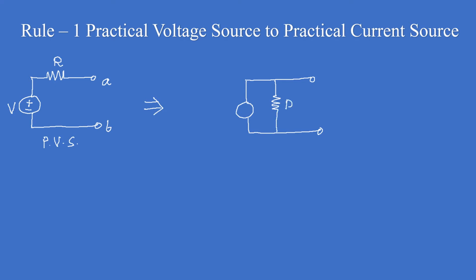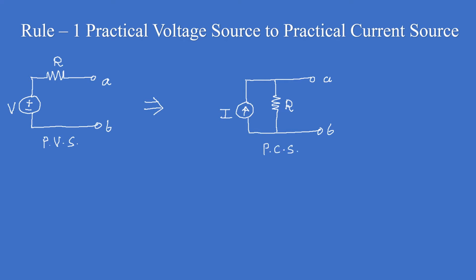In a voltage source it is connected in series, and in a current source it is connected in parallel. I represents the value of the current source, and R is its internal resistance. So we have to convert this practical voltage source into this practical current source.